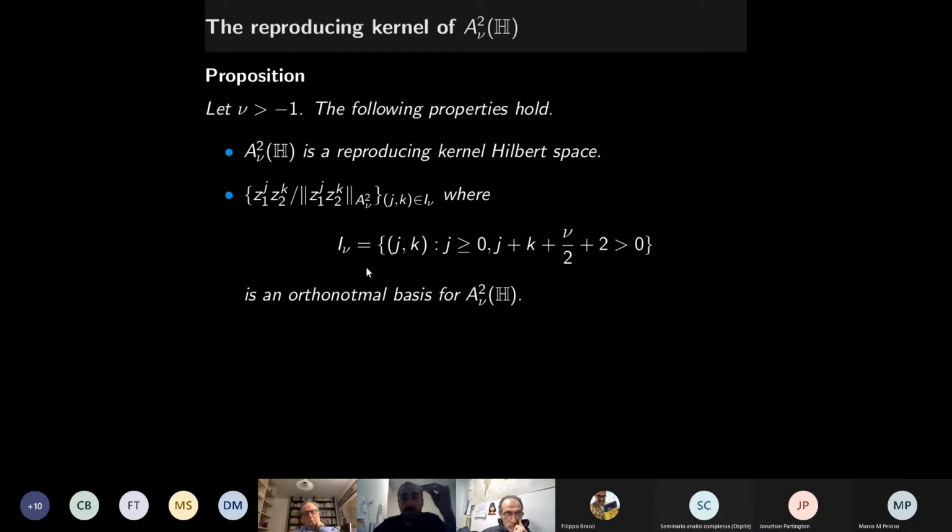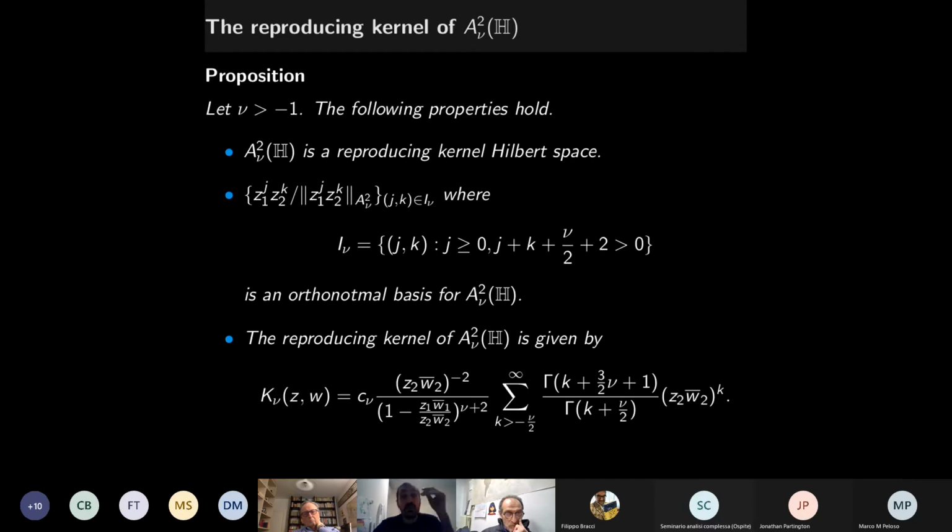So this is an orthonormal basis for our spaces, and so we can compute the reproducing kernel of these spaces. The reproducing kernel is as follows: we have this factor here, this factor here, and this sum.